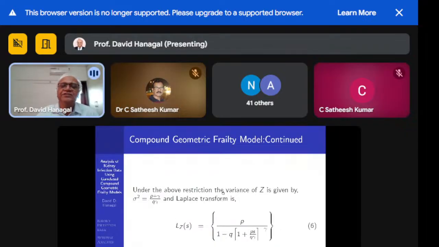Then the variance of Z becomes this one, based on only two parameters, P and gamma. Q is anyway 1 minus P.